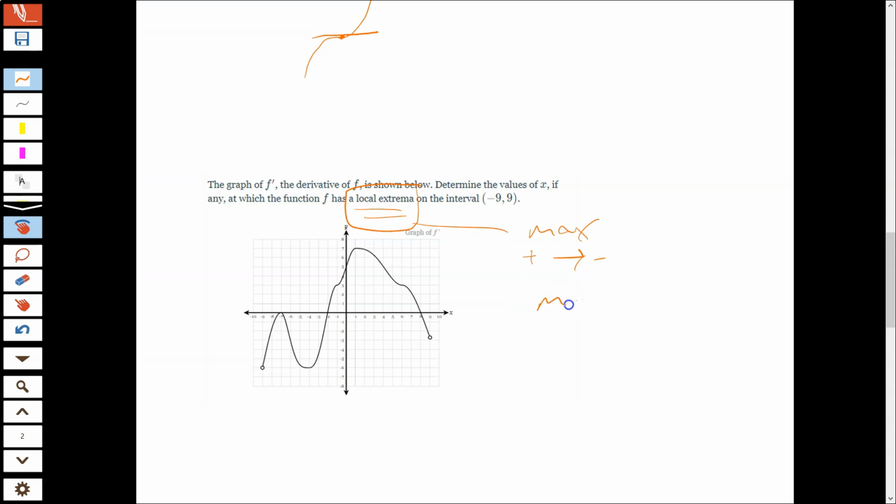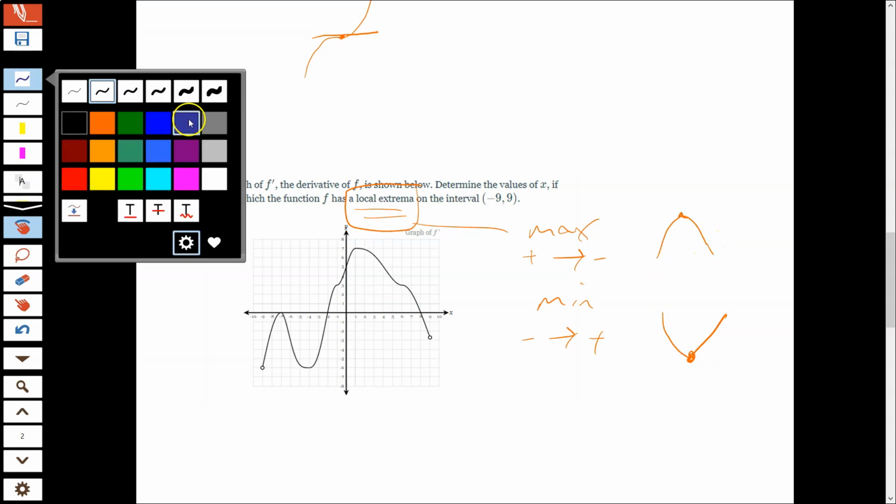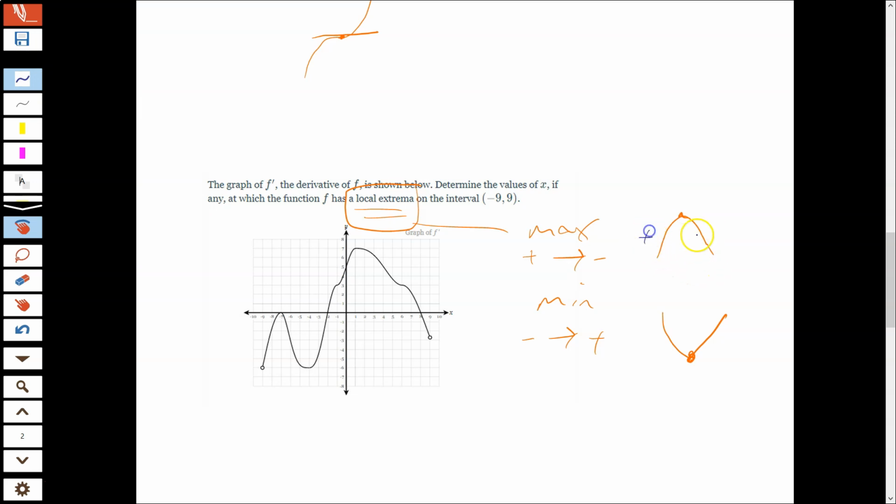And then at a minimum, the derivative changes from negative to positive, right? Because that would look like this would be a minimum, this would be a maximum. Maximum we're increasing and then decreasing, minimum we are decreasing and then increasing.